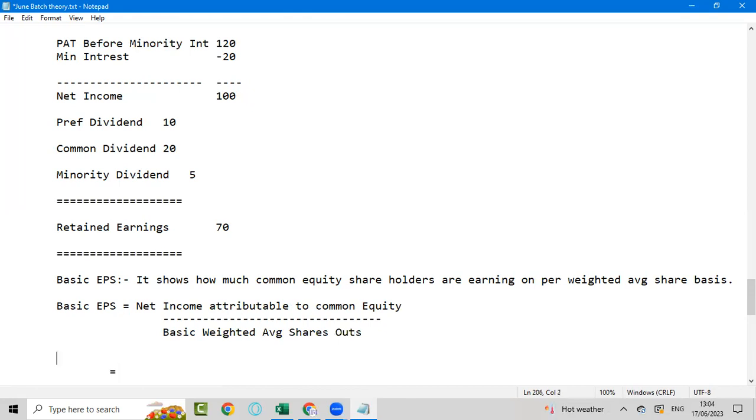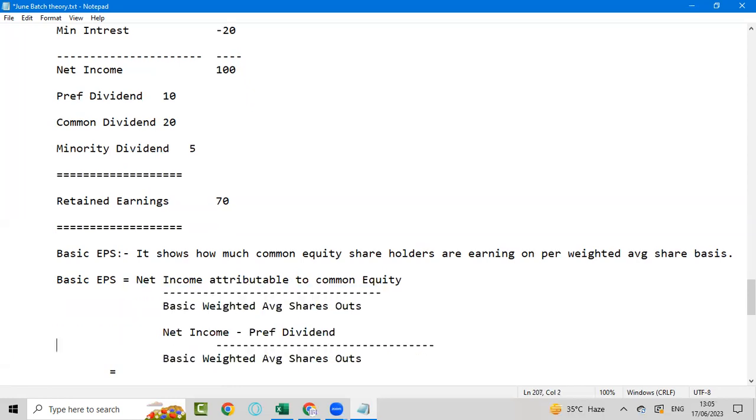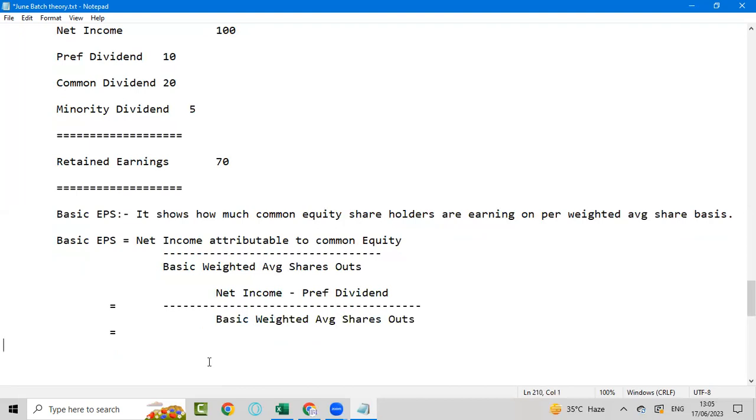So how much is our net income? 100 minus preference dividend, divided by the weighted average shares. Now see, why have we deducted the preference dividend?